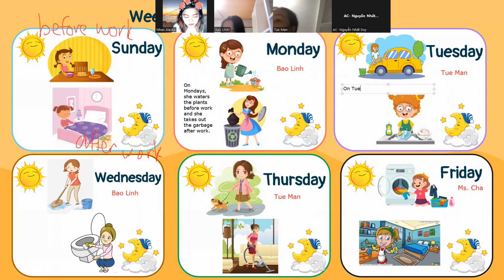On Tuesdays, she cleans the bathroom, and she cleans the car before work.